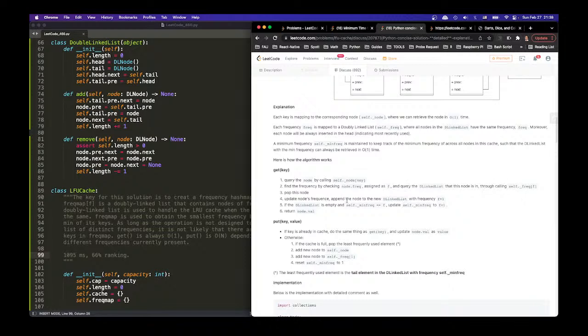Update the node's frequency, append to the new if the old is empty and self.min_frequency equals f, update this to f plus 1.